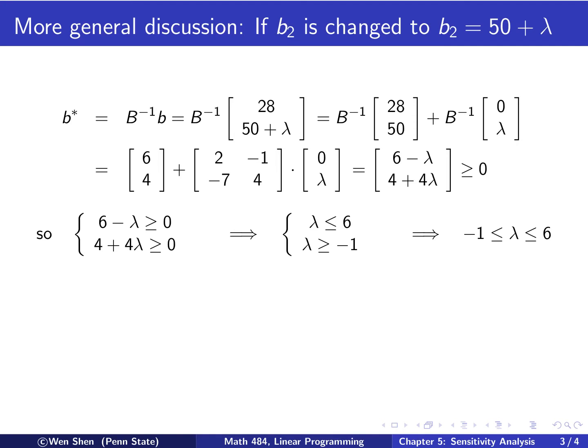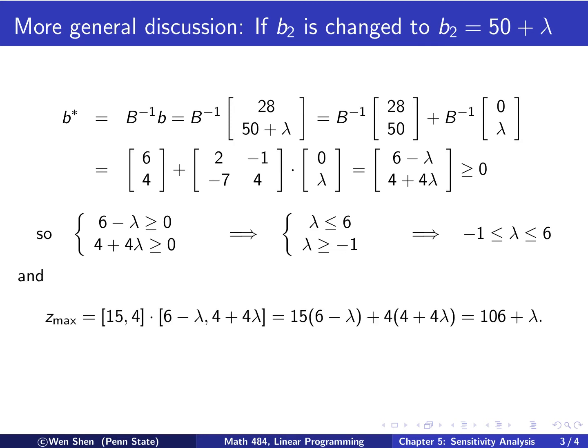Remember that the B star needs to be non-negative such that the basic solution would remain feasible. If lambda is in this range and the B star is bigger than 0, the solution is feasible, and then we can compute the Z max, which is 15, 4 dot, the two elements of B star.